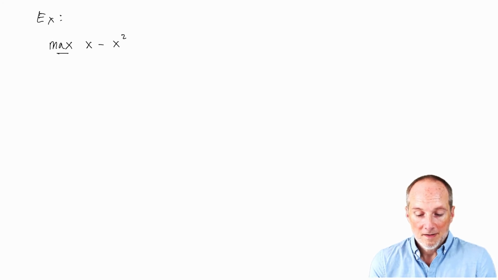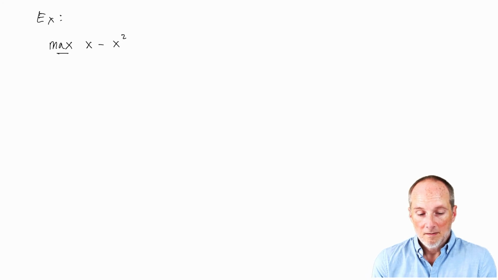Now, okay, that's a hard problem. We can't do it by brute force. But we just noticed that, well, if there is a maximizer of that function, we know the derivative has to equal 0 there, right?